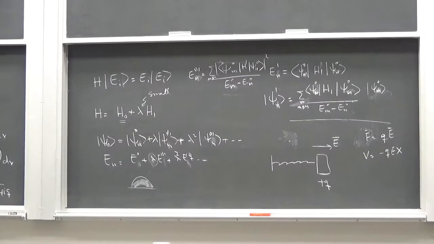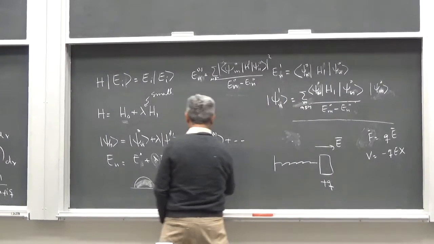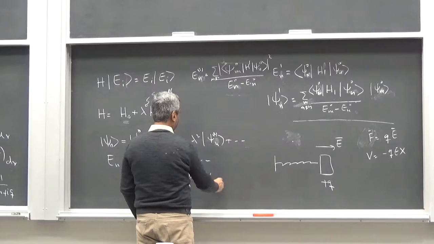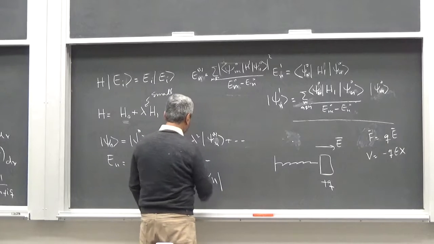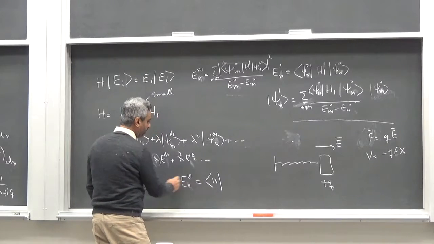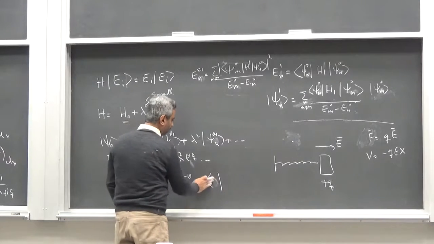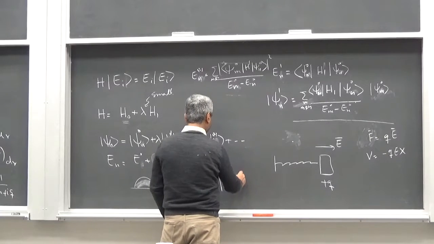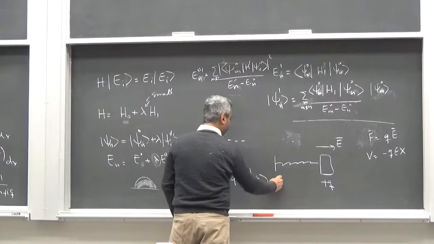Right? And so, if you want to calculate, let's say, E_n^1, let's say, if you want to calculate the first order change to the ground state energy, in which case this is going to be <0|minus qEx|0>, and this thing is 0.